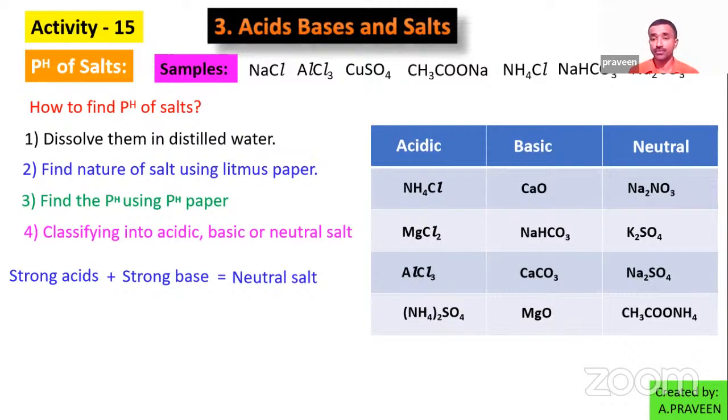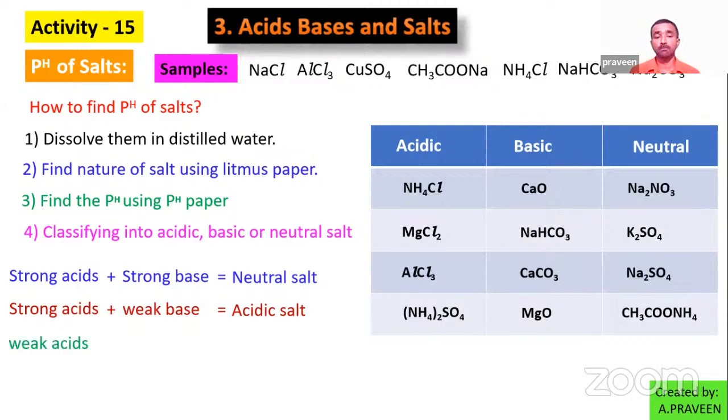If you use a strong acid and a weak base, you will get a salt with acidic nature. So an acidic salt is produced by the reaction of a strong acid and a weak base.